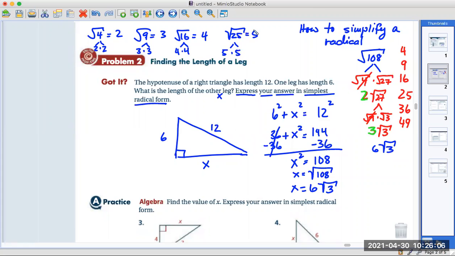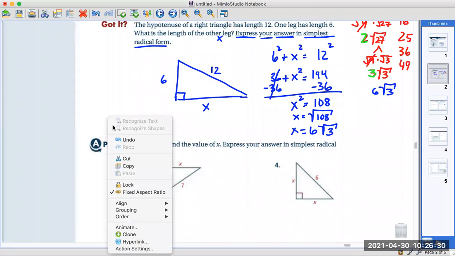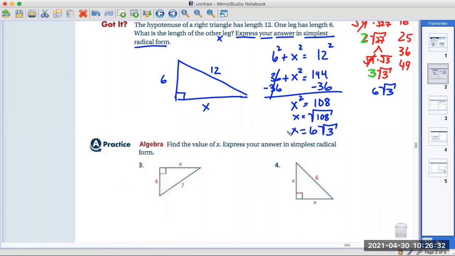The square root of 25 is, and I'm going to say etc. You can do these yourself all the way to 144, which is 12. So those are the ones that I always tell my students they should memorize. The perfect squares, the first 12, which is 100, goes up to 144. All right, so this is the exact answer that is preferable to the decimal that you get when you take the square root of 108.